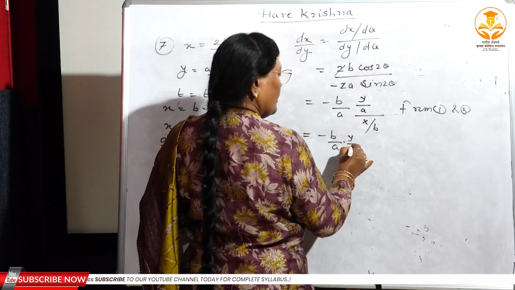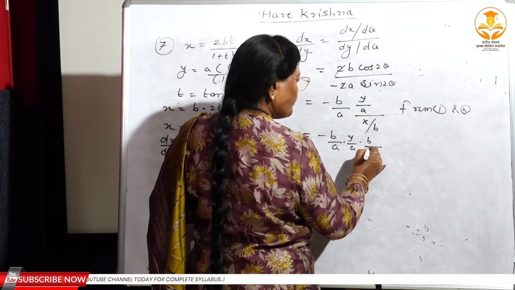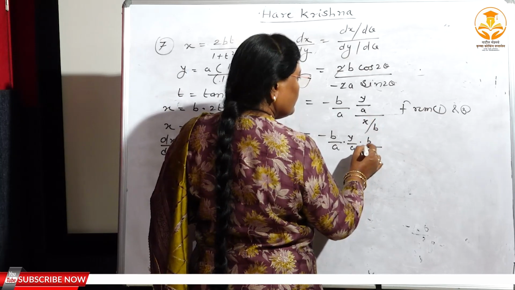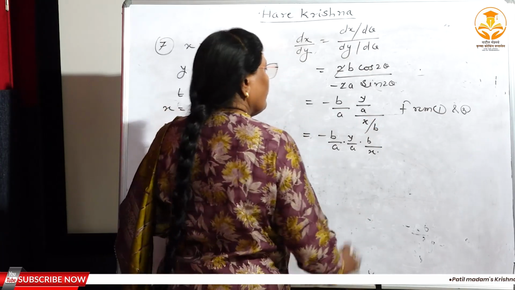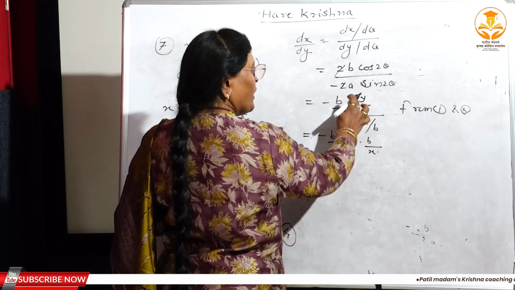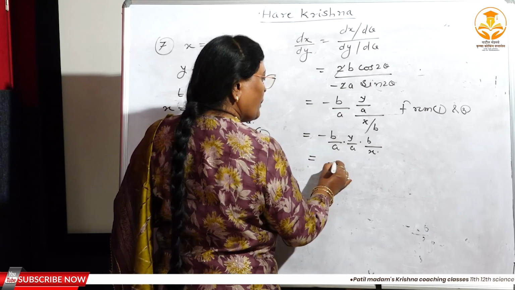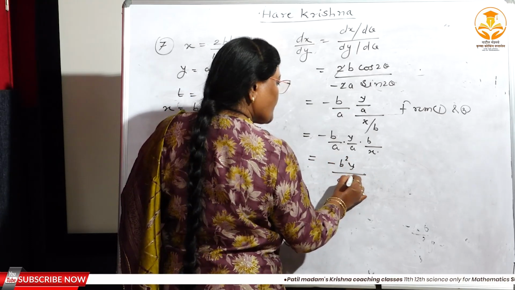y by a, x by b. This is x, isn't it? y by a divided by x by b means y by a into b by x. Right? Again here you have got minus b square y divided by a square x.